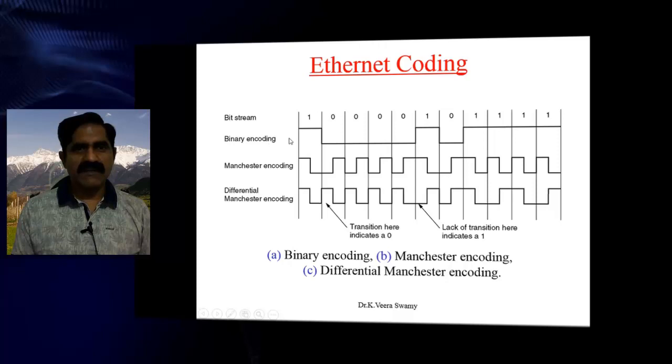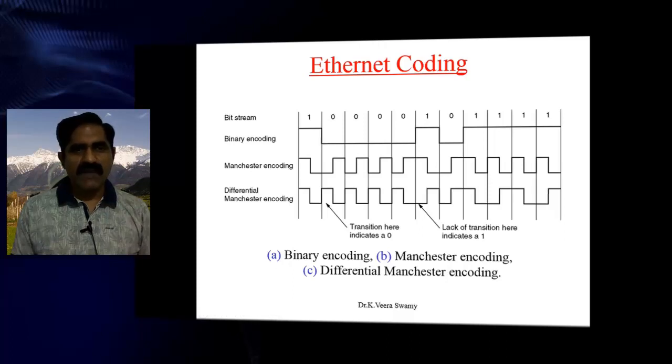In binary encoding, 1 is coded with a high value, 0 is coded with a low value. That is the reason all these zeros are coded with low value, this 1 is coded with high value, this 0 with low value, and these all ones are coded with high value. We are all familiar with this type of encoding.